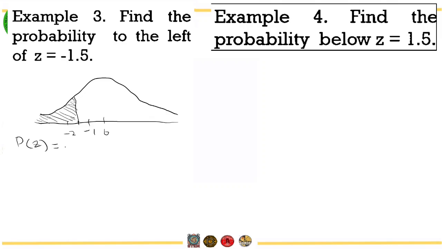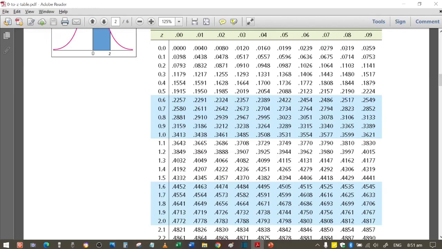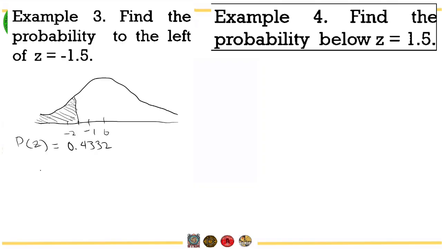The z-table gives the area between 0 and the z-value. It doesn't matter if it's negative or positive because they are symmetrical; what happens in the positive is the same in the negative. So what is the area that corresponds to 1.5? 1.5 is 0.4332.